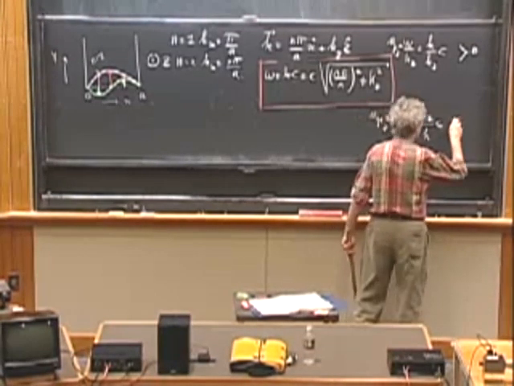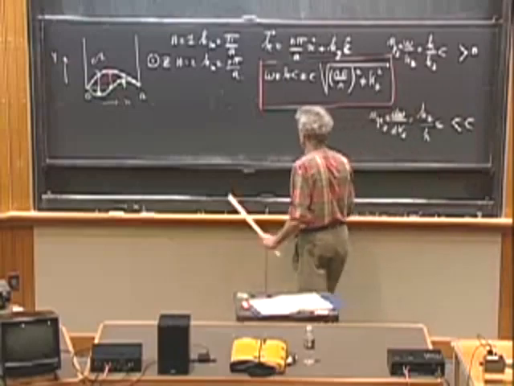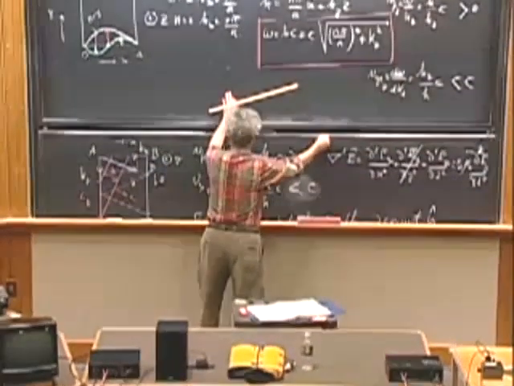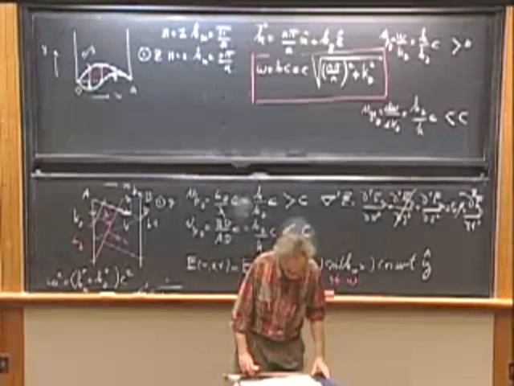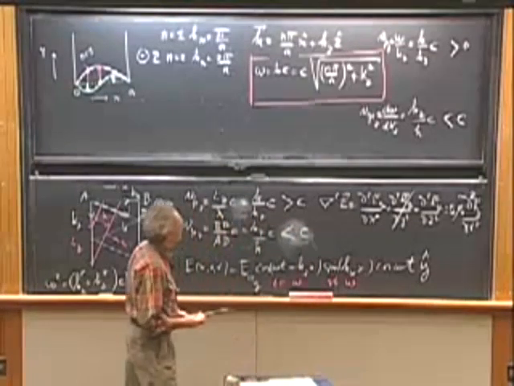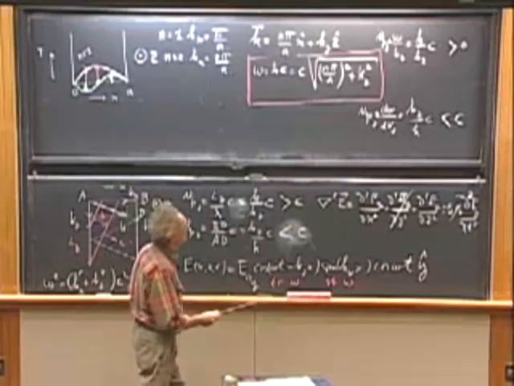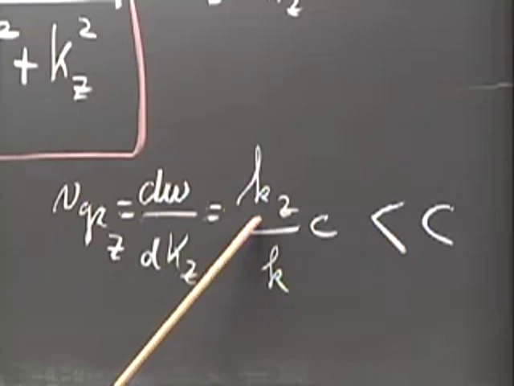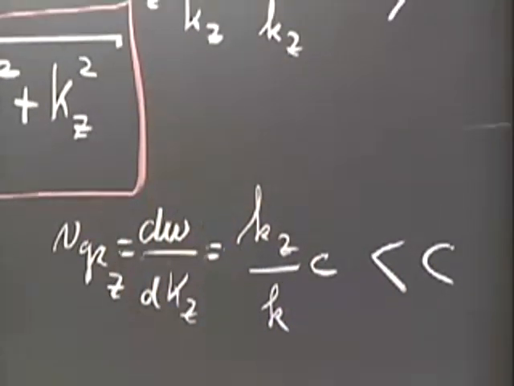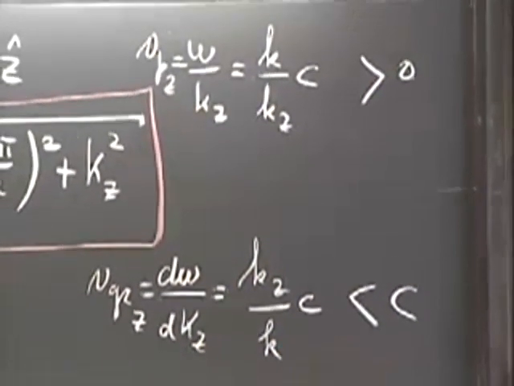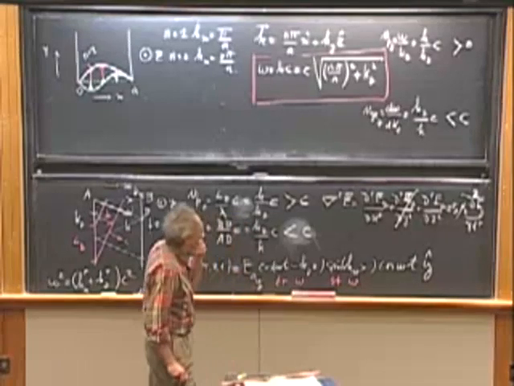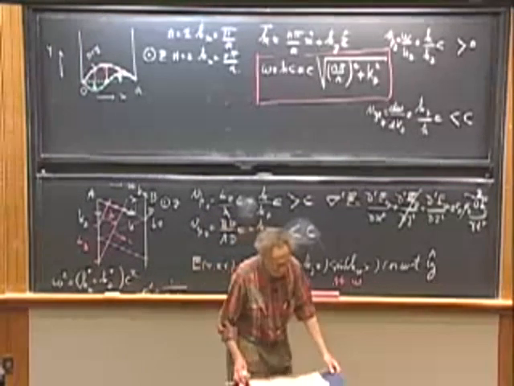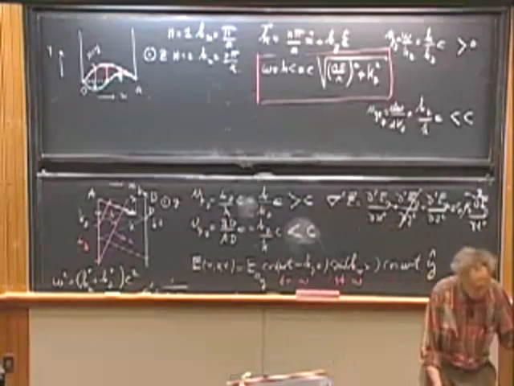And that is always less than c. This is what we also knew already. I had already predicted that based on geometry arguments. That comes out now if you use this dispersion relation. And this dispersion relation then has the absurdity that if kz goes to 0, the phase velocity goes to infinity, but the group velocity goes to 0. And so that now I want to address further.